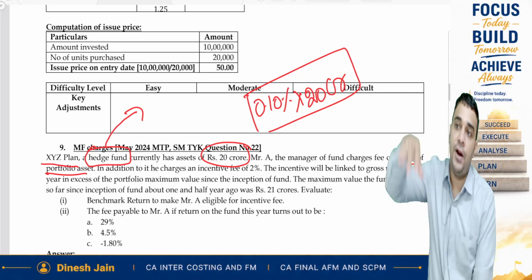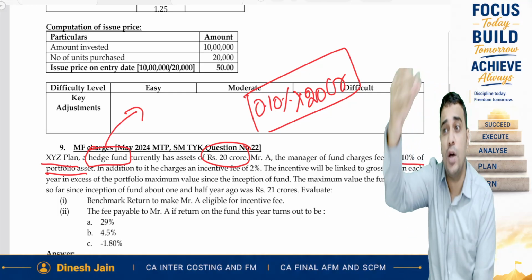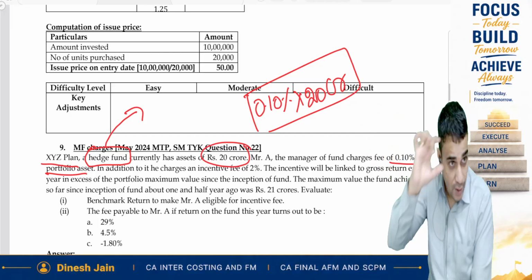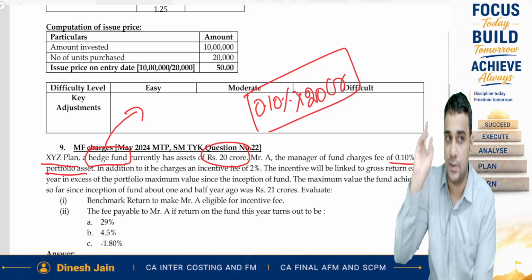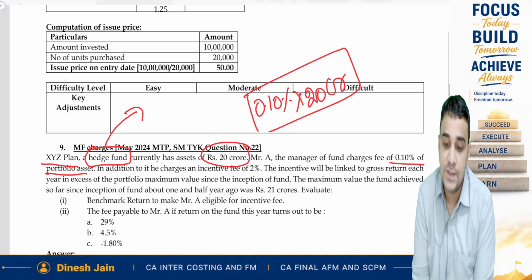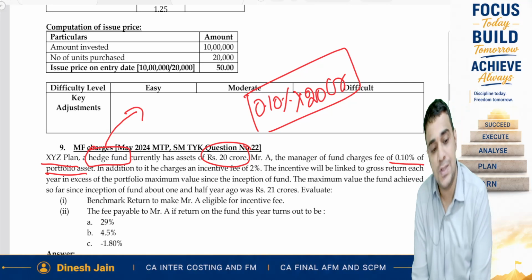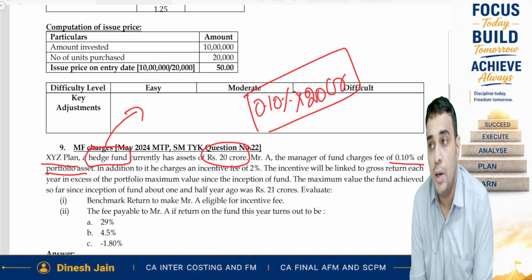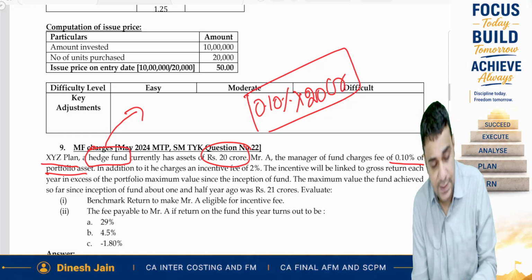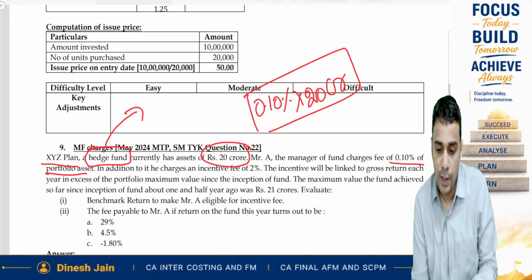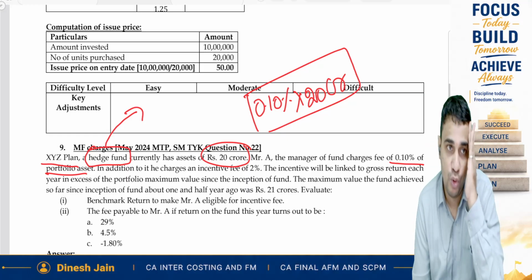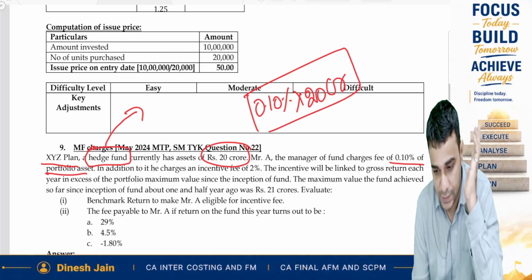That is, from day one, whatever was the portfolio maximum value, if I earn more than that, for the extra value, you have to pay me 2%. Inception is the beginning of the fund. From the beginning, if the value goes above, you have to pay me 2%.